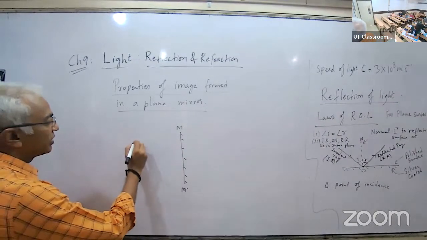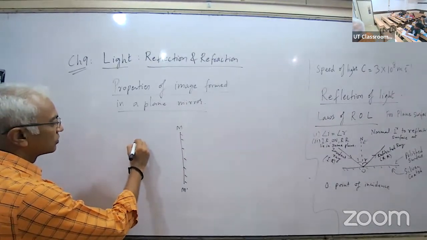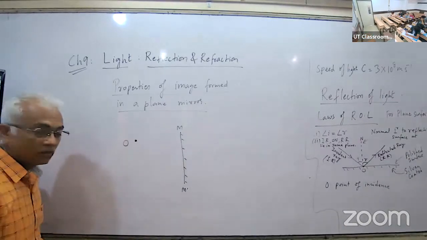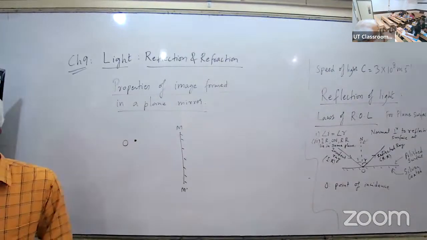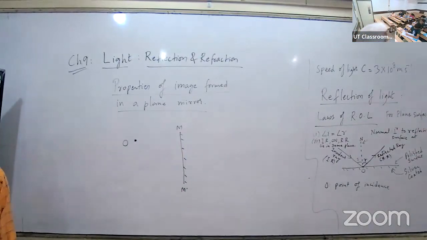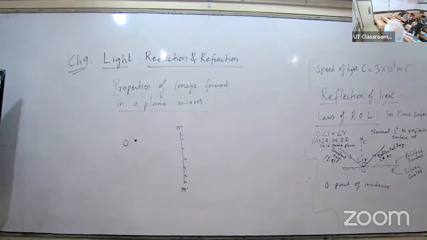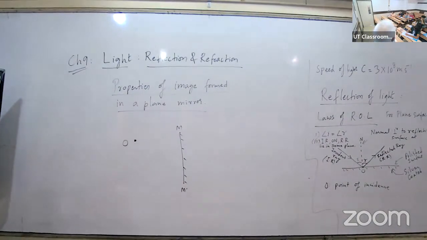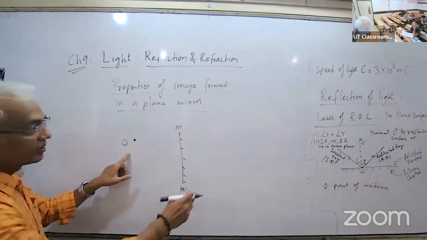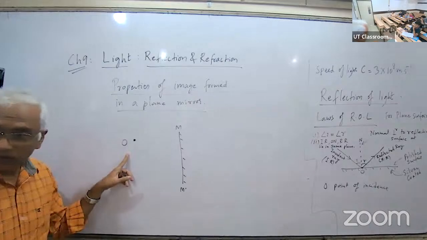Now I have an object here. This is the object. So how do I show the image formation of this object in the mirror? Same distance. So the image will be formed at the same distance, right?